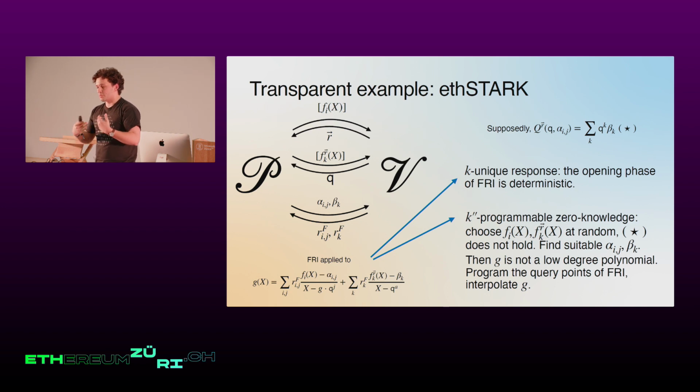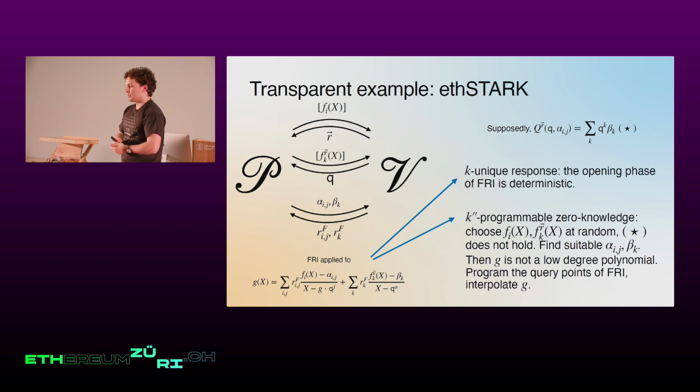That's a complicated way of saying that we know which points are going to be queried because we can program them. So with this additional knowledge, which we don't usually have, we can trick the verifier again into thinking that we have a correct function and that we satisfy all the necessary constraints, but we don't, essentially. That's how the simulator is going to be able to produce transcripts for the proof. And so this shows that the STARK protocol is also simulation extractable and satisfies all the nice extractability properties that we talked about.